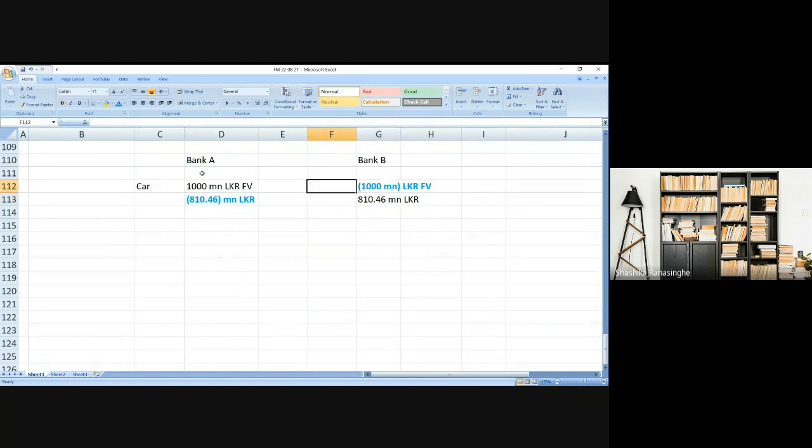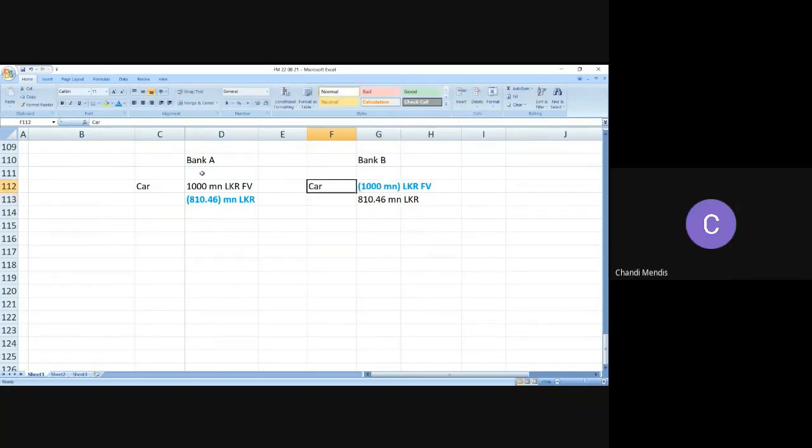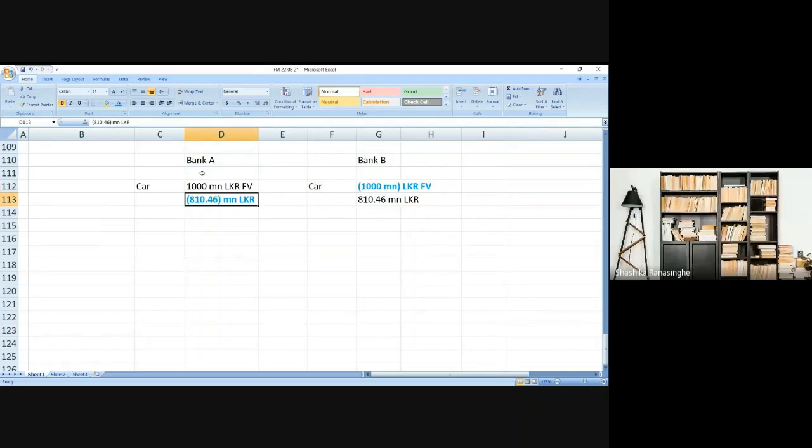Okay. Right? Now, at the time you are paying 810.46, if the car is not ready, the payment will not go. Now, the car I'm just using as an analogy, right? You can substitute it with the bond. So if at the time you are giving the 810.46, the car is not ready, your payment will not go. Or at the time B is giving the car to A, if the payment of 810.46 is not ready, still the payment will not go.